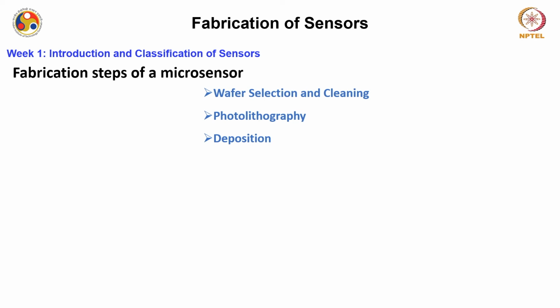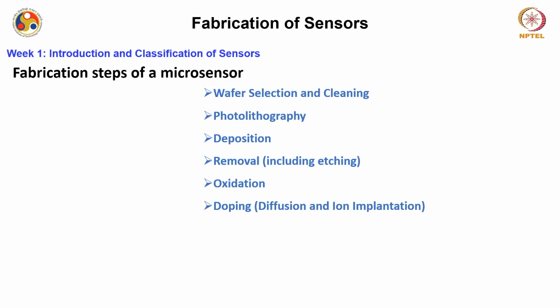Then we talked about deposition and removal. Removal included 2 different types of etching, wet etching and dry etching. Then we talked about oxidation, both in terms of deposited oxide as well as thermally grown oxide. We talked about doping also in module 1, where we covered 2 different doping techniques, diffusion and ion implantation.